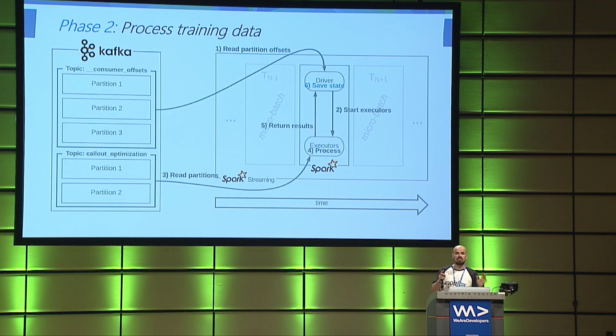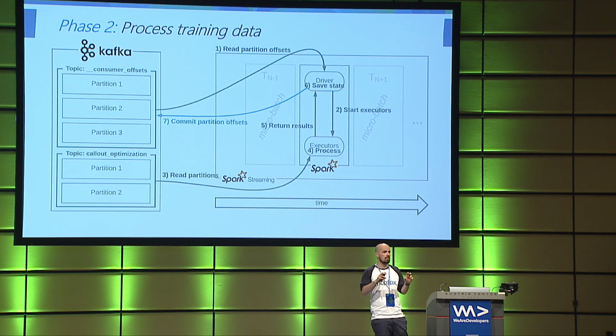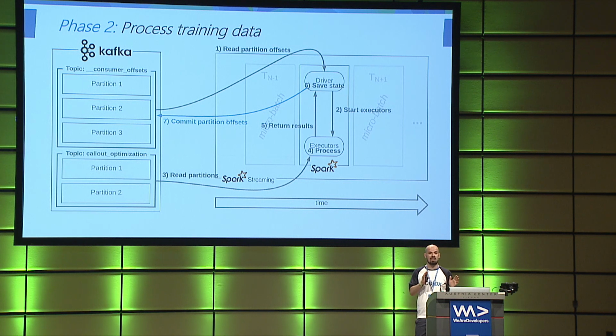Once it's saved, we also commit these offsets back to this Kafka offset topic, so that the next micro batch will start from the next interval, so that it won't process the same data twice. And Kafka can give you this nice exactly once semantics, meaning that you will process each message exactly once, not less, not more.